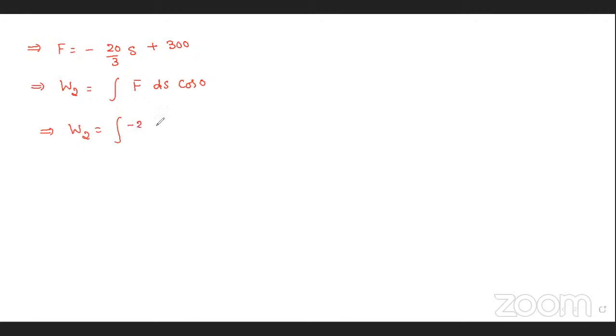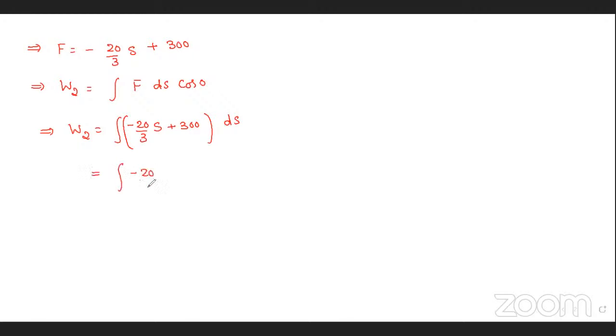F, I'm going to substitute, is minus 20 by 3 S plus 300. Better I write it like this: the integral of (minus 20 by 3 S plus 300) F dot ds, which is ds cos 0. Now you try to integrate.